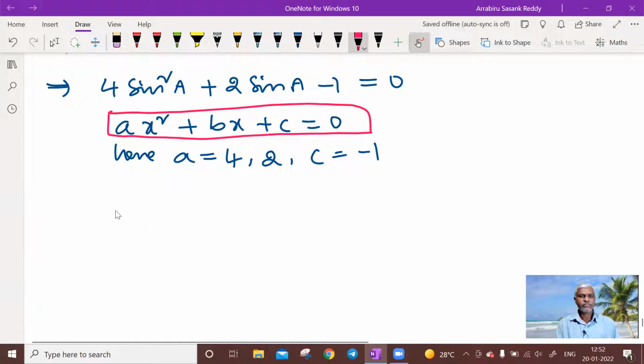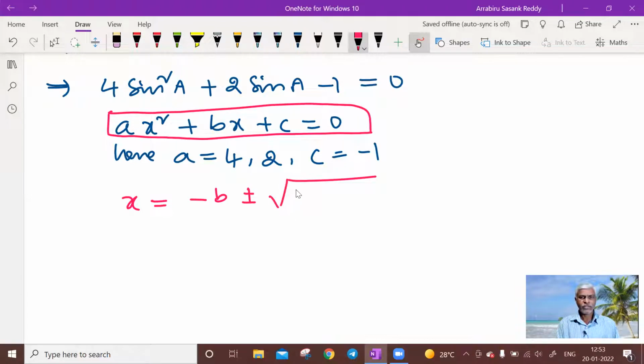And we know the root x is equal to minus b plus or minus under root b square minus 4ac by 2a.